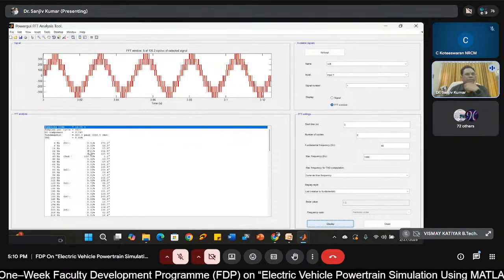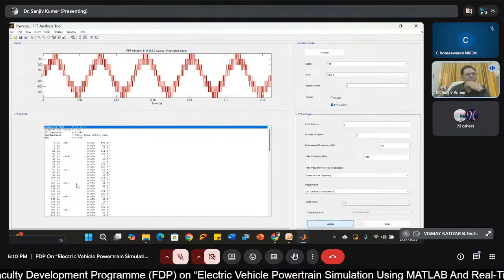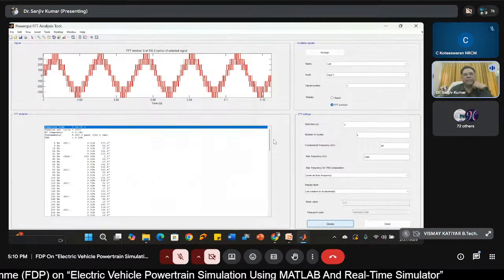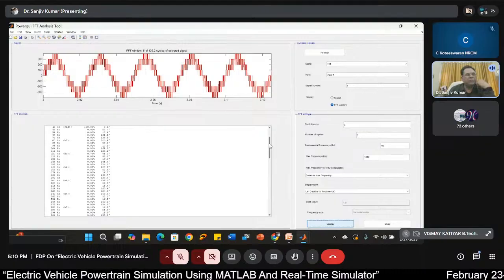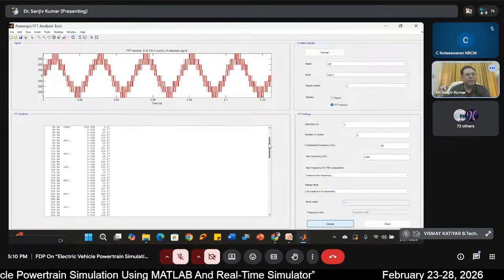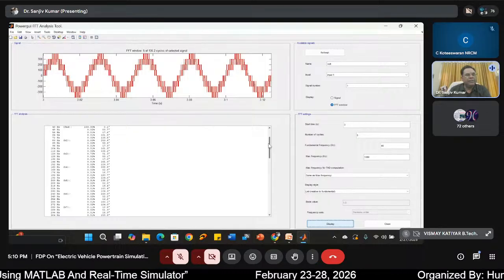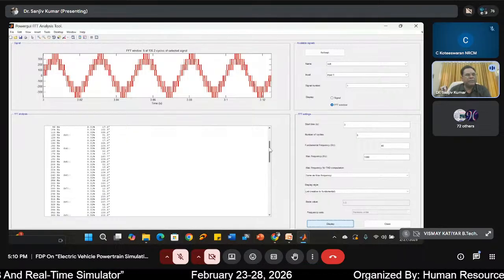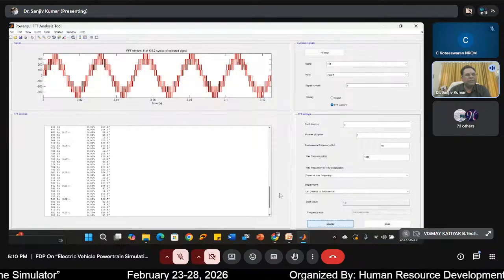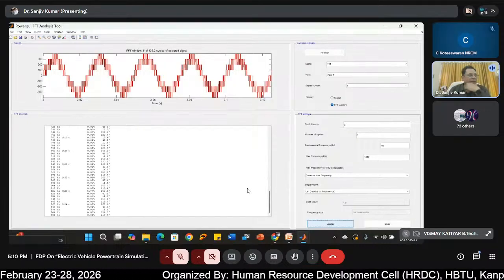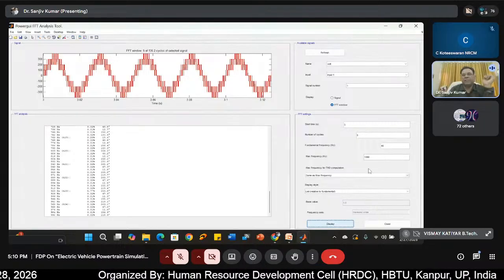No problem at all. Third harmonic is 0.73%. The dominant harmonic is the fifth harmonic, 0.31%. Seventh harmonic is 0.11%. And the remaining harmonics are very small.